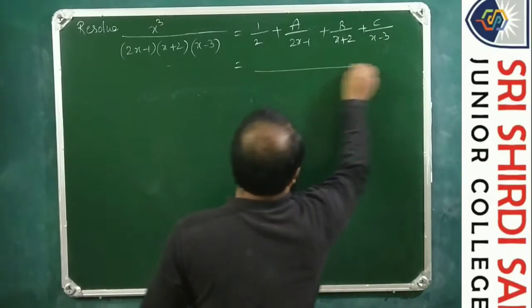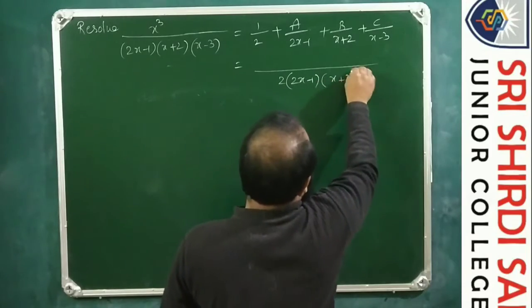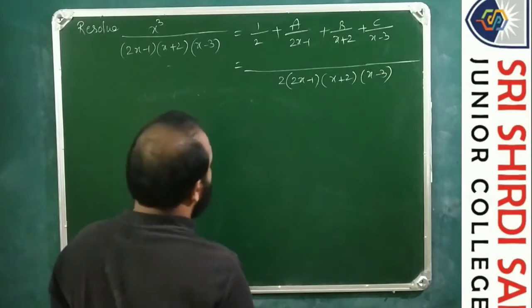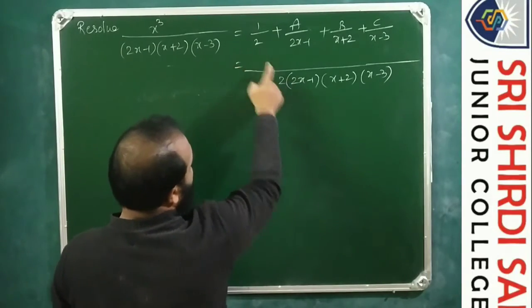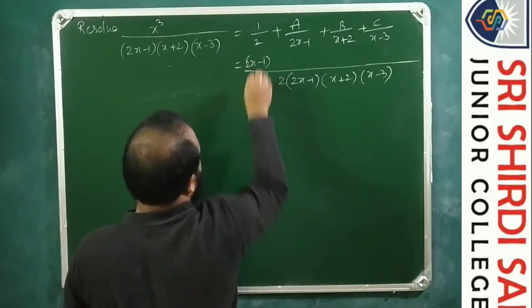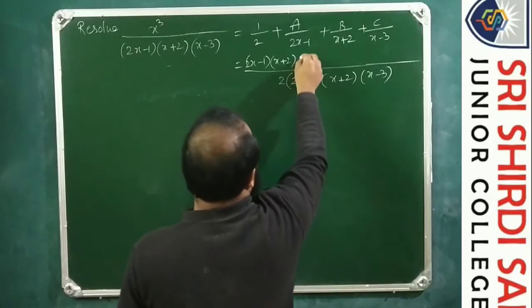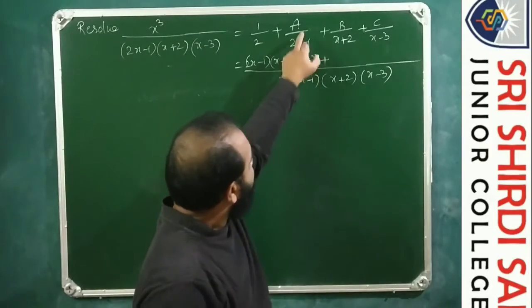This is equal to, the LCM is 2 into (2x minus 1)(x plus 2)(x minus 3). This is equal to, this by 2 is 2x minus 1 into x plus 2 into x minus 3, plus this by this.